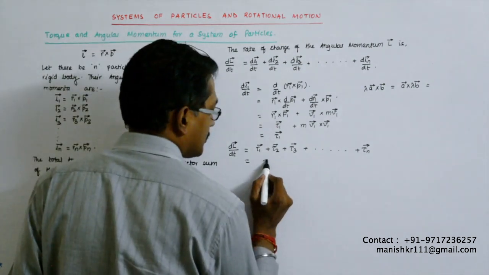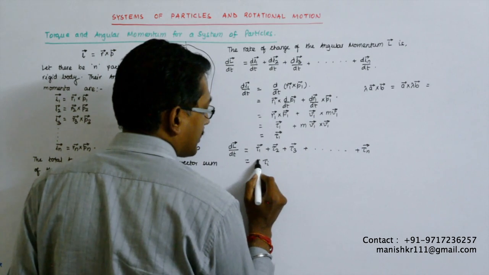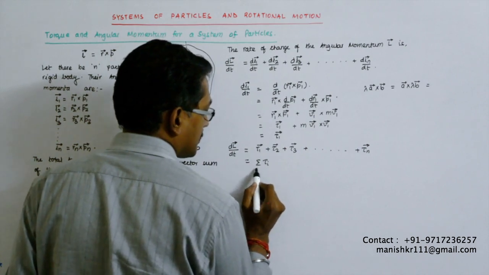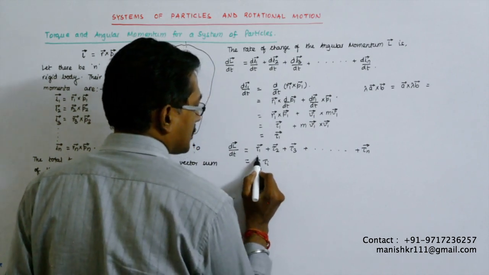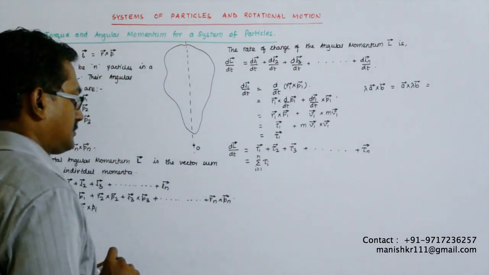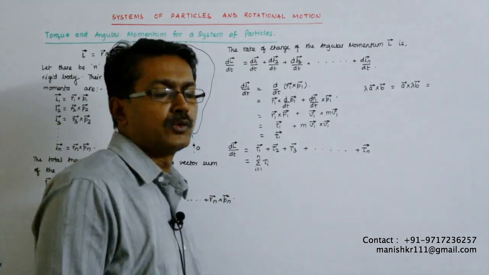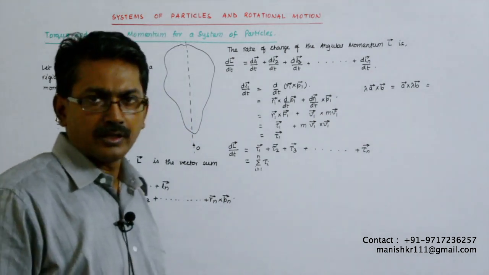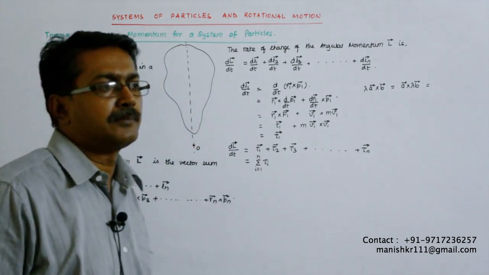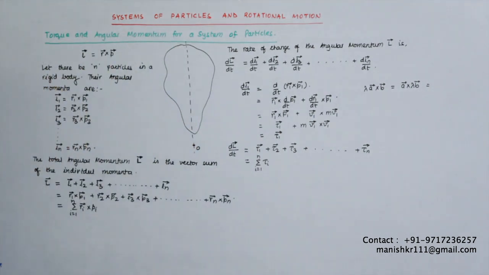That is equal to the sum of tau i, i is equal to 1 to n. So it is the sum total of all the torques. Correct?